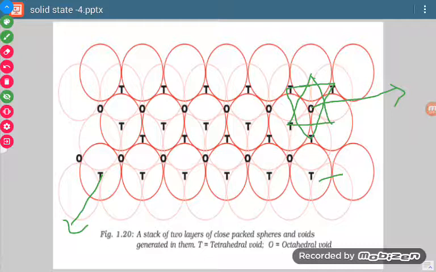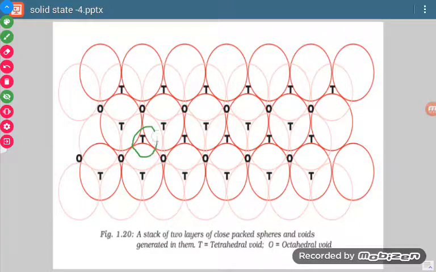Now there are 2 possibilities of placing the third layer. If I take a similar type of layer which we can see here, then we place it by considering the upper vacant space as center. Then what is going to happen? See here which I have circled. If I place the third layer by taking this as the center, then what is going to happen?